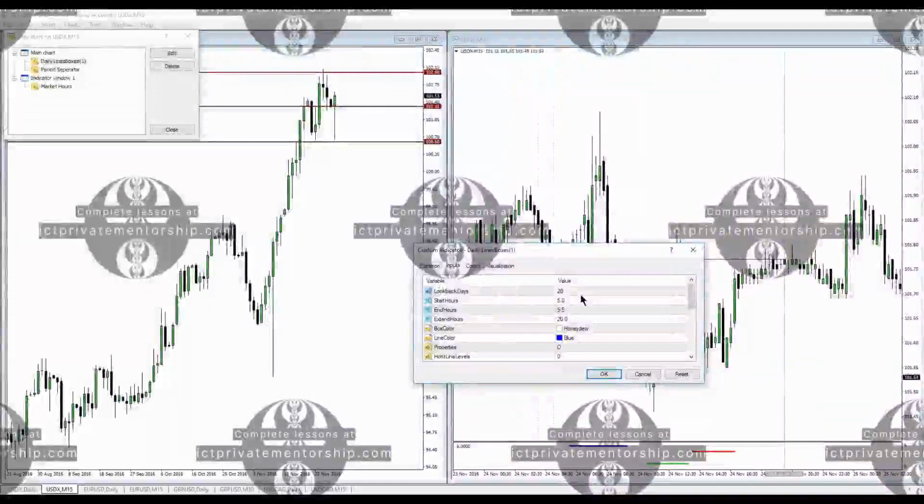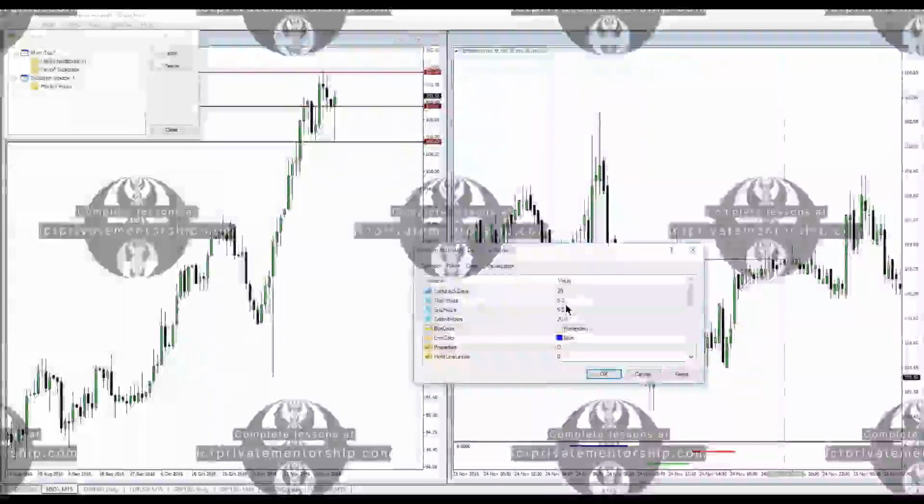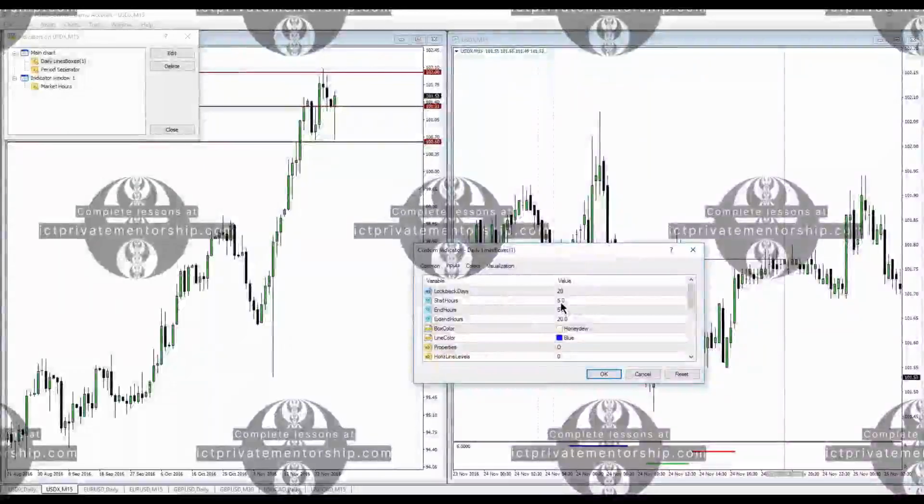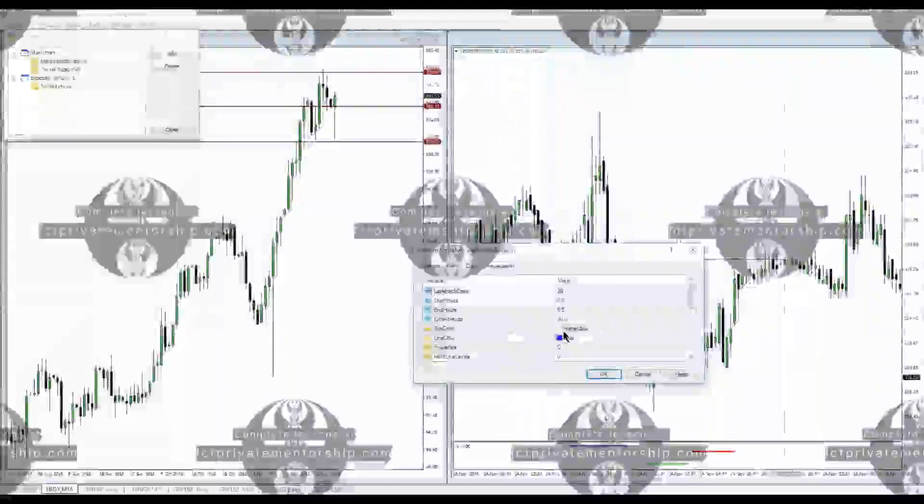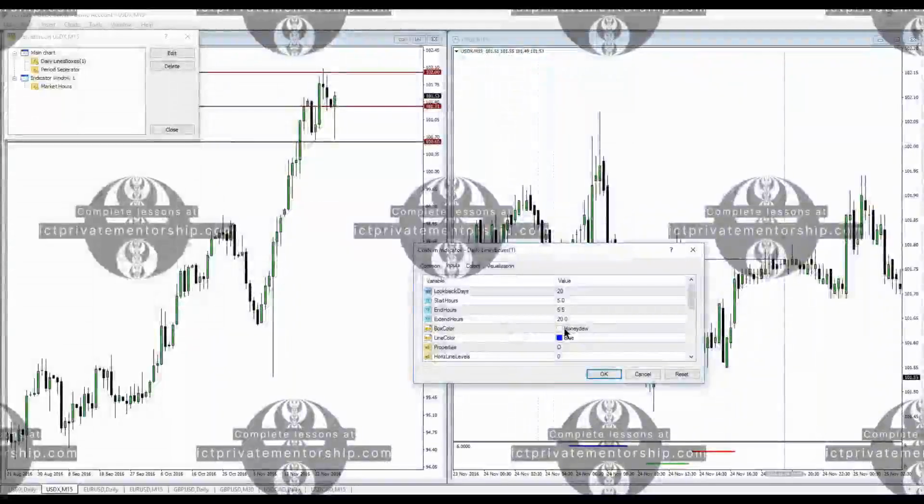Since I'm looking at the last month of data, usually about 20 trading days, that's what I use. The start time is 5.0, end is 5.5. I'm extending it to 20, which is the end of true day. I'm not really concerned about the box showing up because I don't really want the box. And the line color, I have blue.